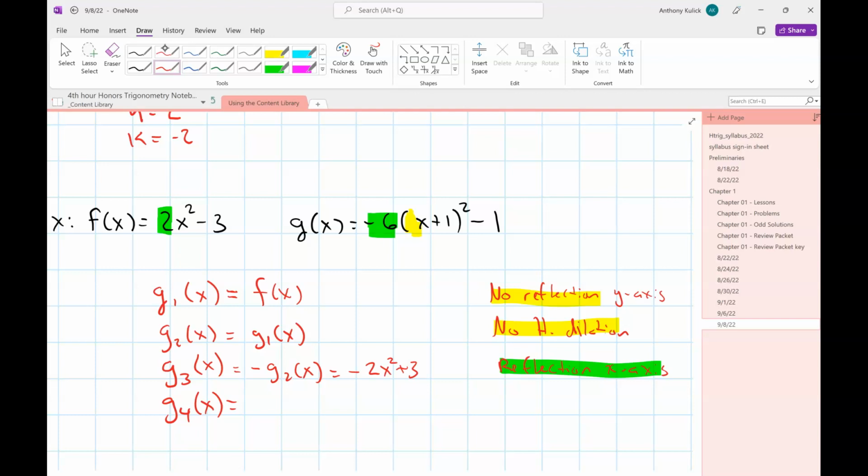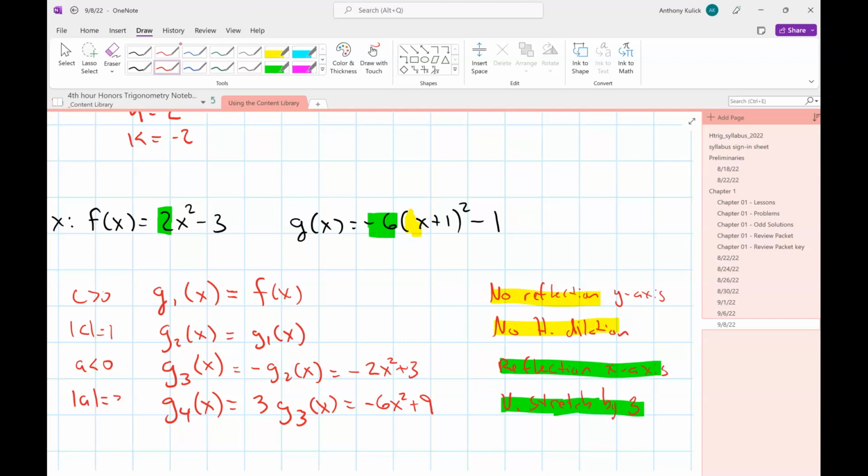So what was the a value? 3, right? Everybody so far so good?